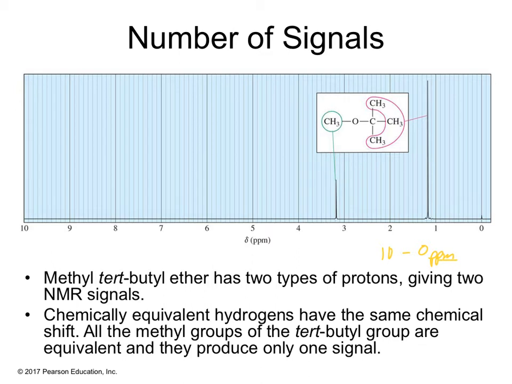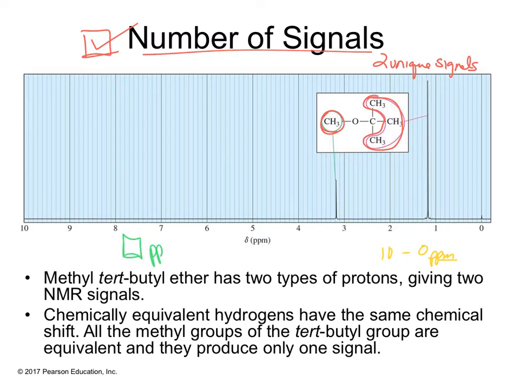Okay, so the 4 things I need you to be able to do. One of them is the number of signals, okay? So when you see this, you're like, okay, these are unique, and these are all connected to the same thing. They experience the same thing. So there's 2 unique signals. And then you got to be able to say, what's the chemical shift? These carbons are connected to those carbons, so I'm going to say it's 0.9 ppm.